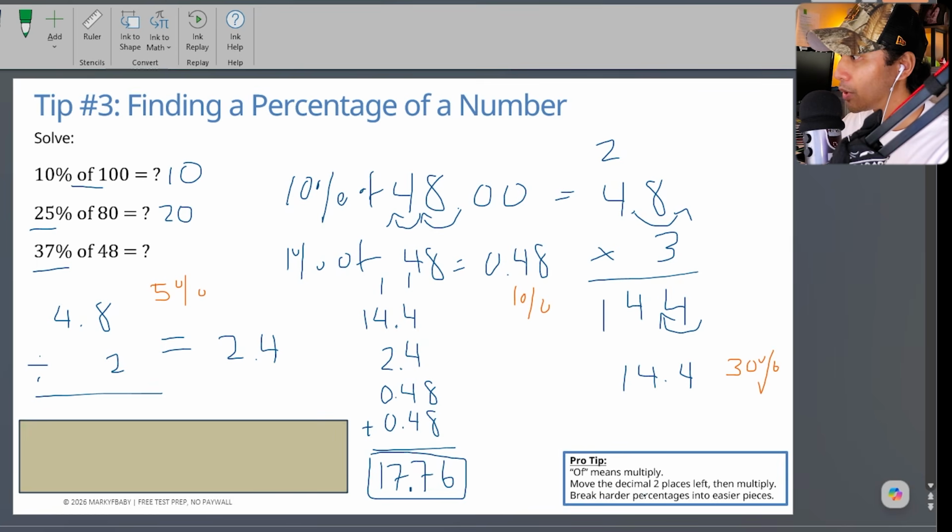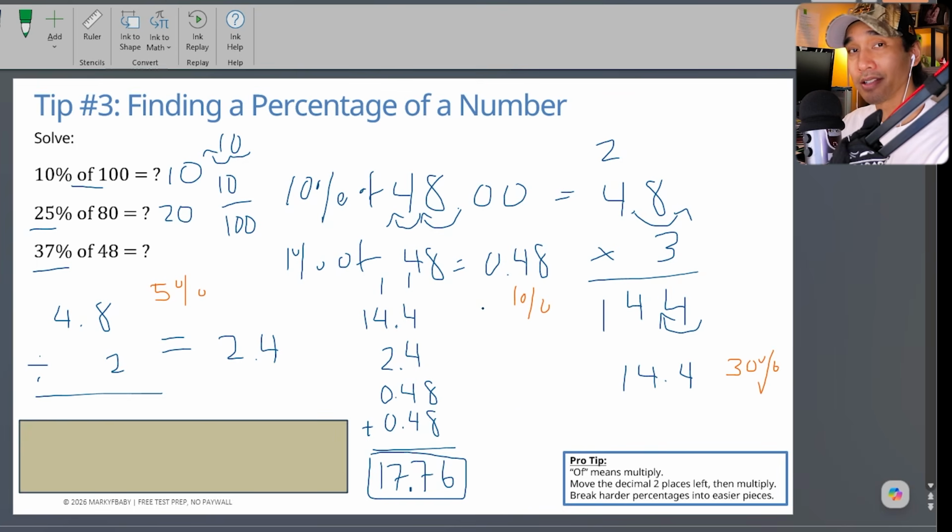Okay. So the pro tip here is of means multiply. Move the decimal 2 places to the left, then multiply, right? So for 10%, we just have to move it 2 places because 10% is 10 over 100. Break harder percentages into easier pieces, just like I did.